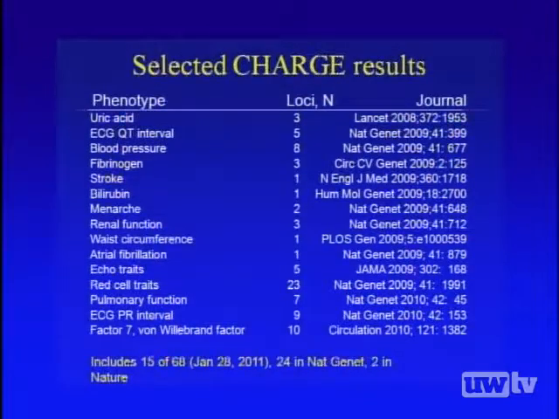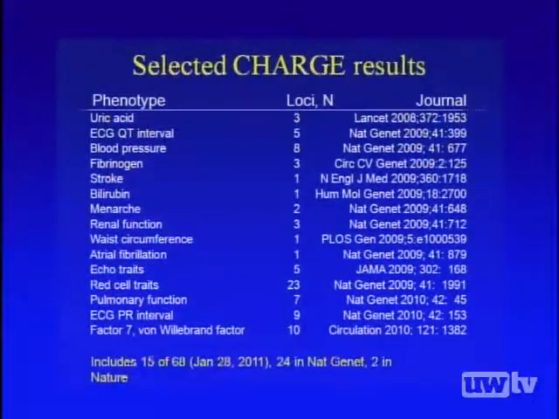This is a selected list of CHARGE results, and it reflects 15 of 68 publications prior to January 2011. And 24 of these publications were in Nature Genetics, and 2 of them were in Nature. This is just to give you a sense of the range of phenotypes and the number of loci and the journals that these papers are being published in.